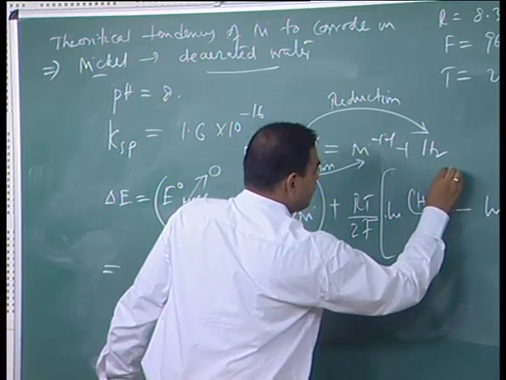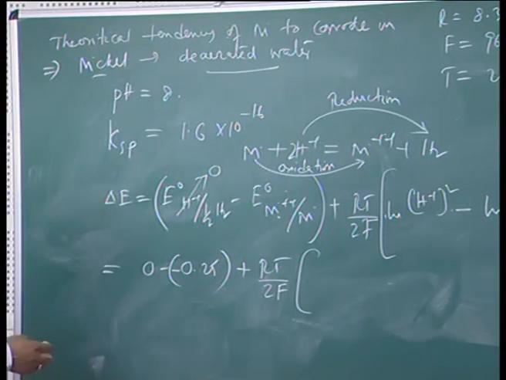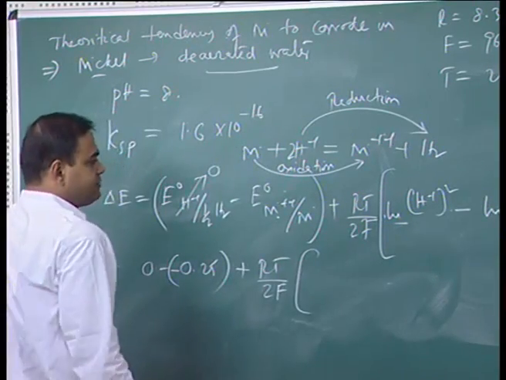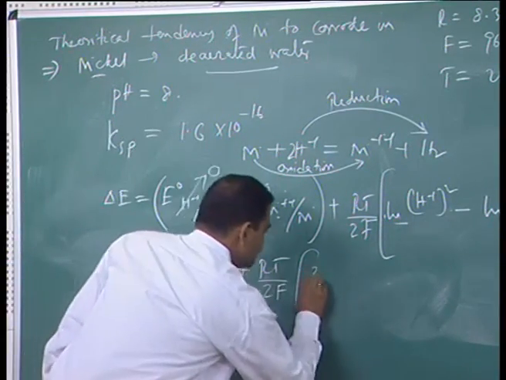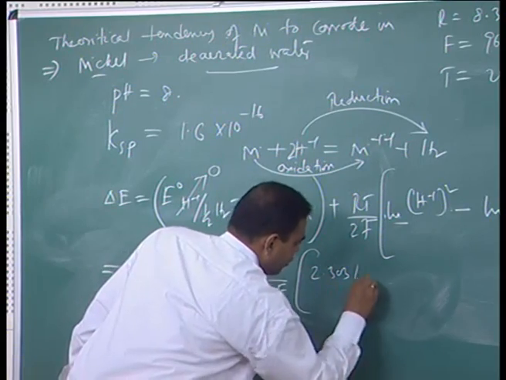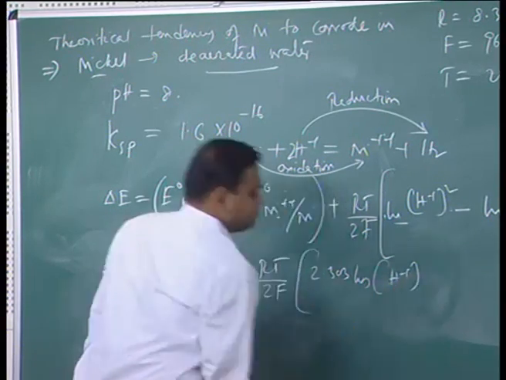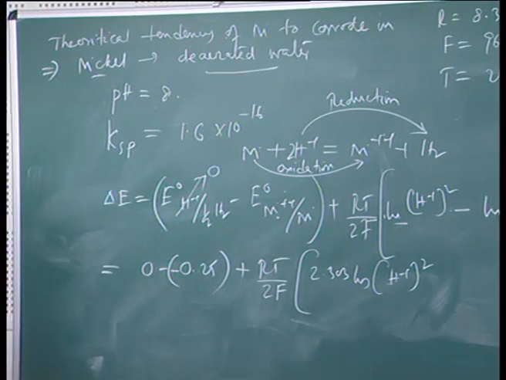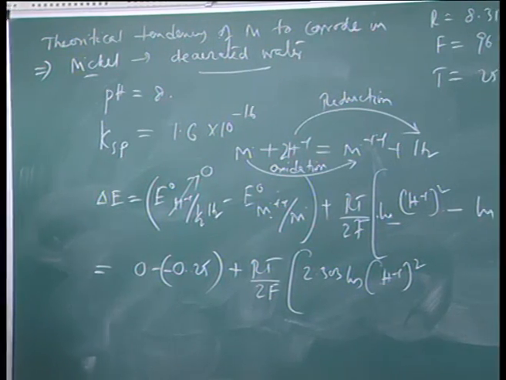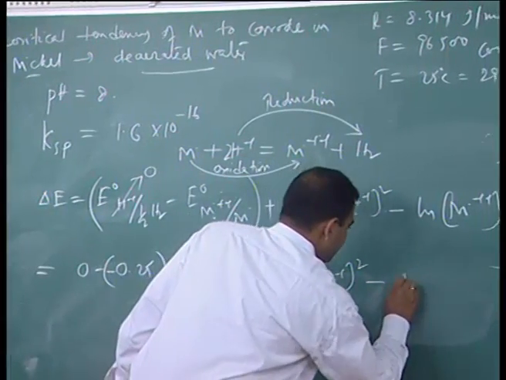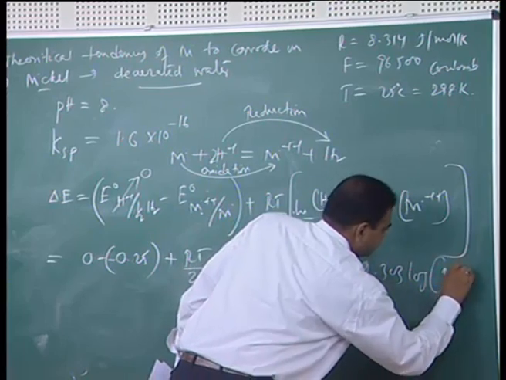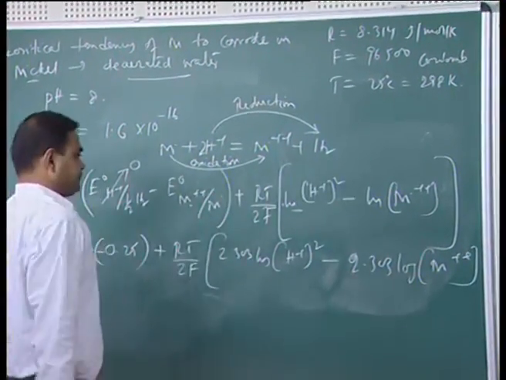Now what is the hydrogen ion concentration? I can write ln in the form of log: 2.303 log of the hydrogen ion concentration squared, minus 2.303 log Ni2+.